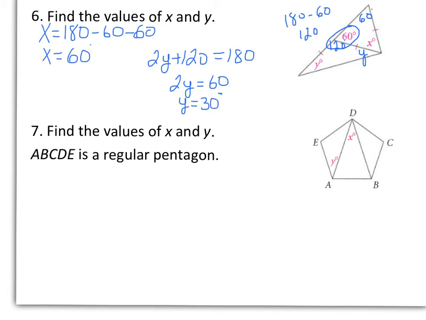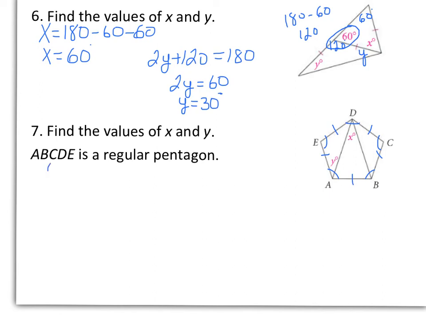Okay, number 7. Find the values of X and Y. We are told that ABCDE is a regular pentagon. So that tells me all my sides are congruent and all my angles are congruent. So I'm going to mark my figure. Alright, well first I want to find out how many degrees each of those angles are in the pentagon.